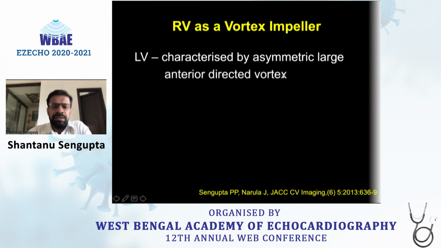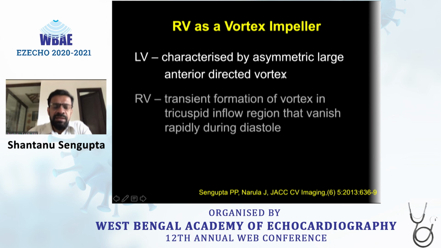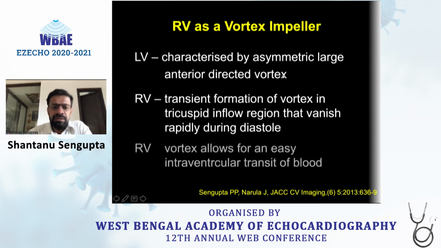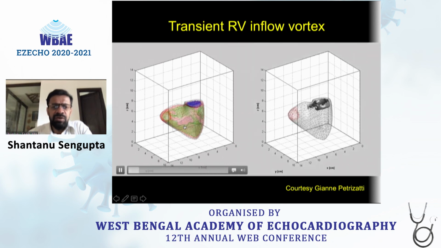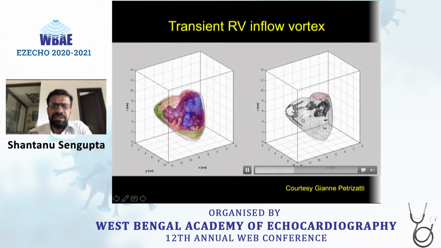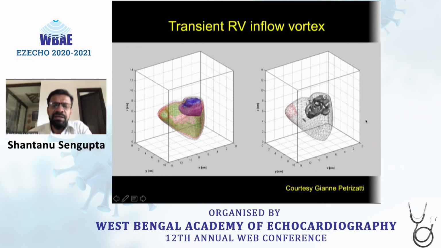The LV has asymmetric, large, anterior-directed vortices, but the right ventricle, interestingly, functions only as a conduit. It has now been seen that the vortex allows for an easy intraventricular transit of blood. These are very initial studies looking at the vortices of the RV. As you can see, the vortices come from the tricuspid valve and go to the pulmonary circulation, but they are very minimal in the RV.